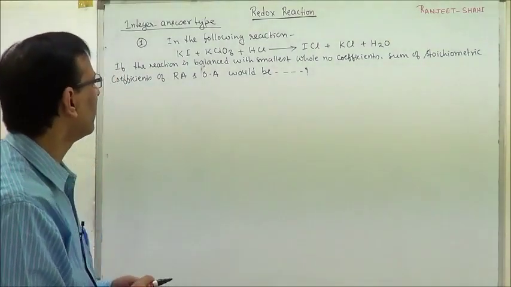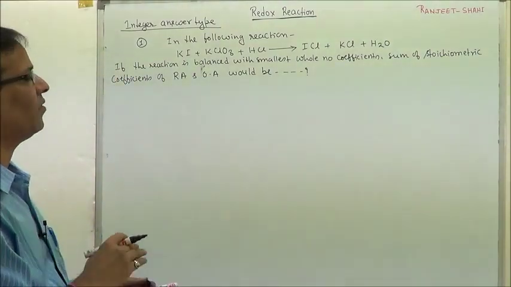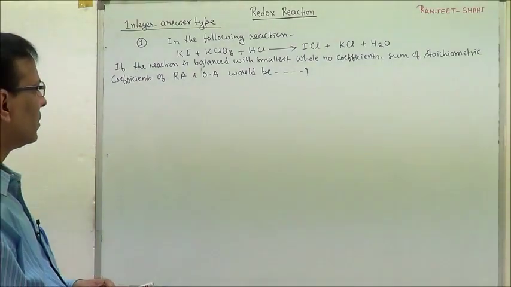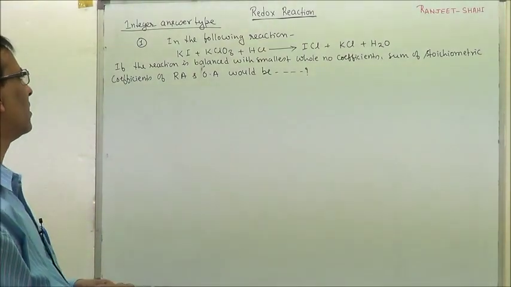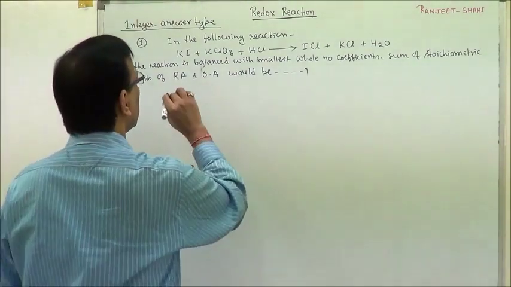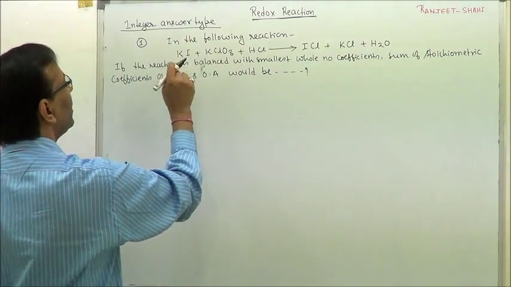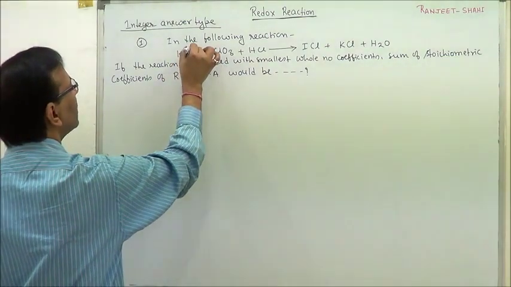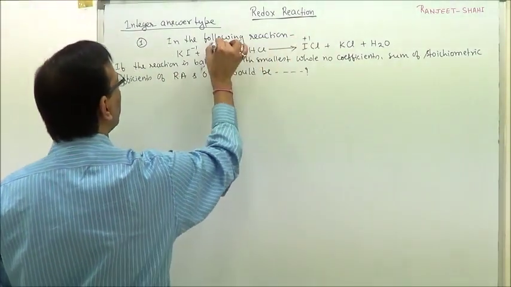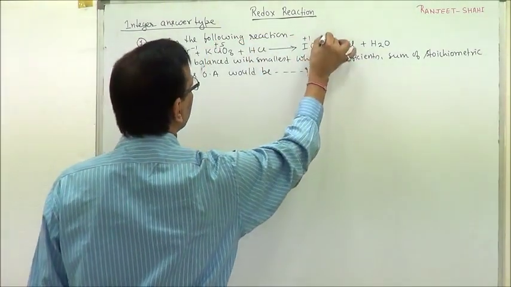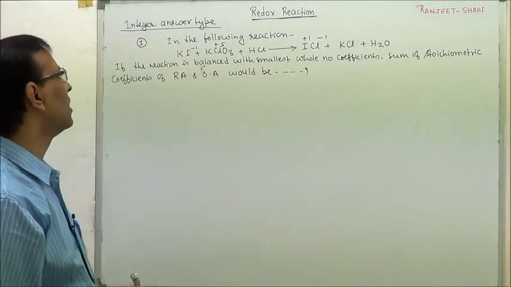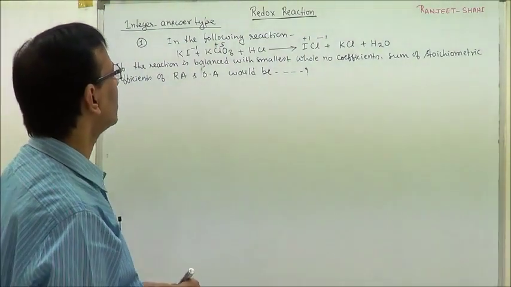This question is related to balancing of a redox reaction. So let us balance it, but by the shortcut method. If we see, iodine is undergoing change from -1 to +1 and chlorine from +5 to -1. So it is reduction of chlorine and oxidation of iodine.